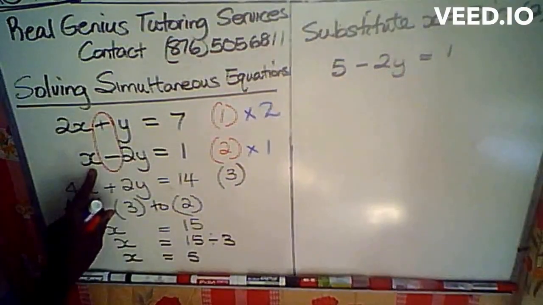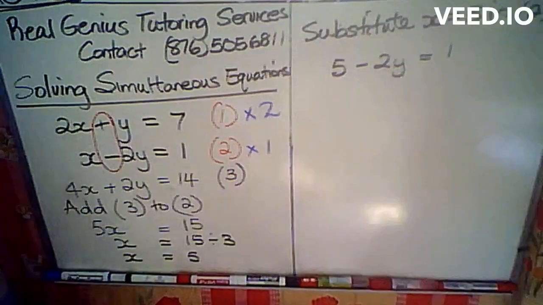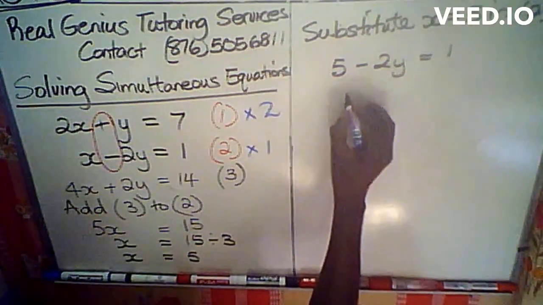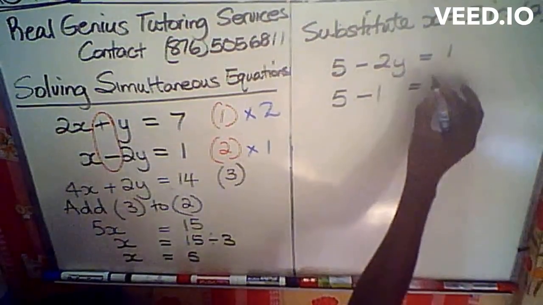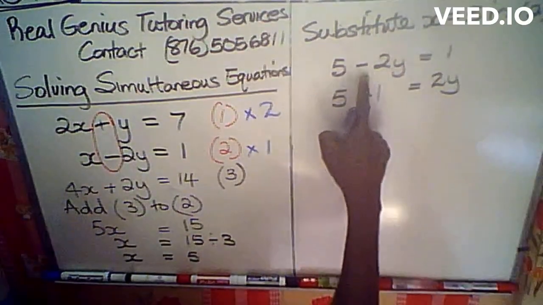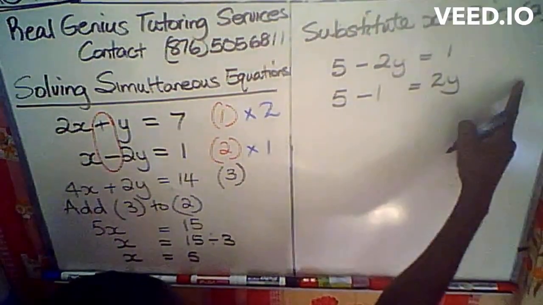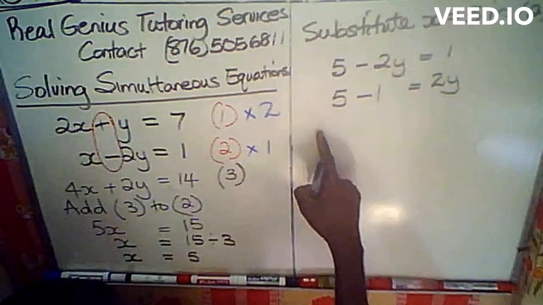So wherever x is, I'm going to put 5. And so this is going to give me 5 minus 1 equals 2y, because I take over the negative 2y to the right-hand side, and I take over the positive 1 to the left-hand side.